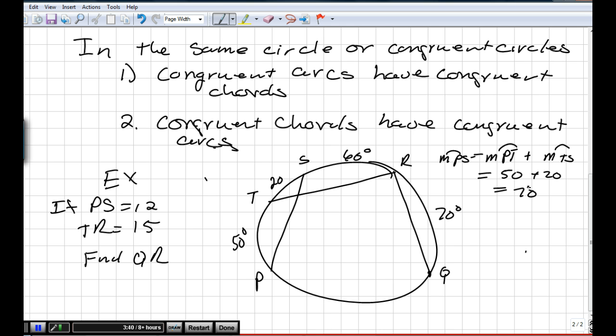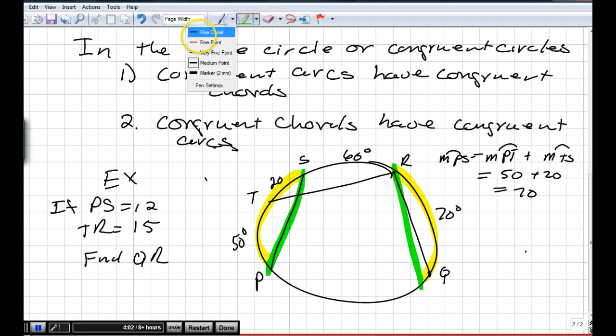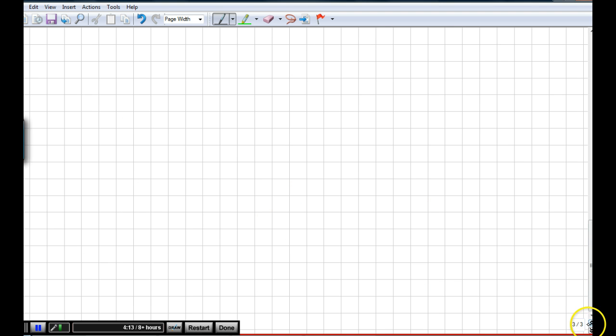Okay, and so then since this arc is congruent to this arc, that means that this chord must be congruent to this chord. And so if PS is 12, that means RQ must be 12 also. Okay? And so we use the fact that congruent chords have congruent arcs, and congruent arcs have congruent chords.